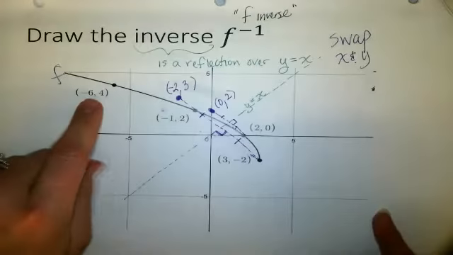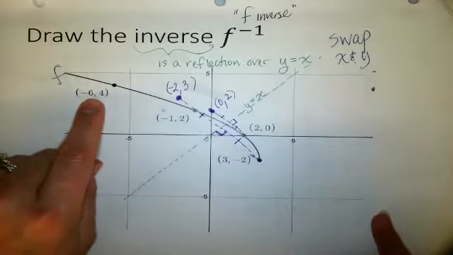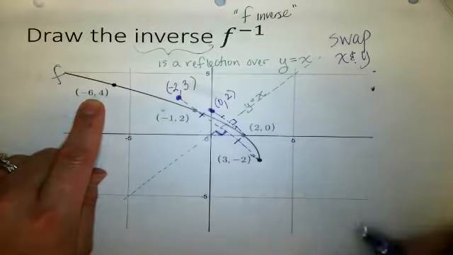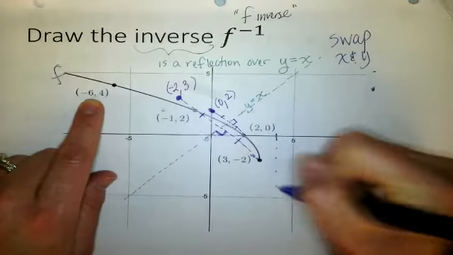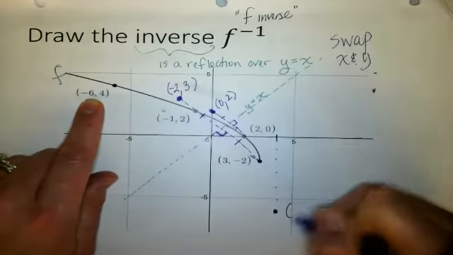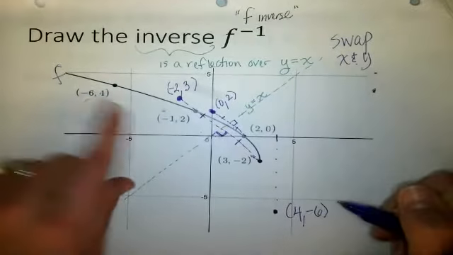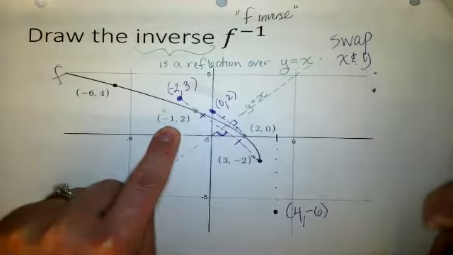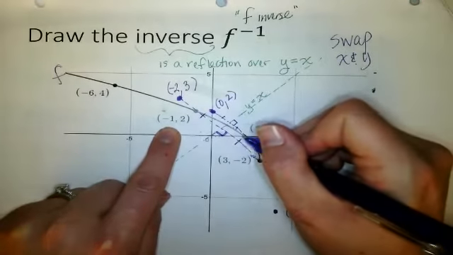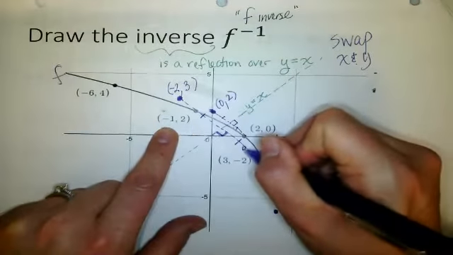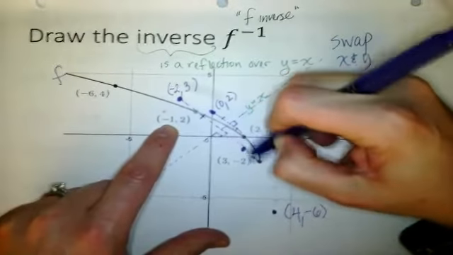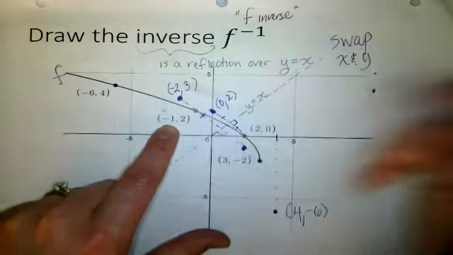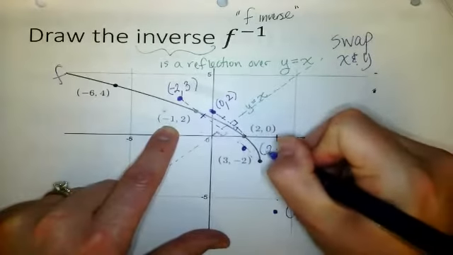So negative 6, 4 would turn into 4, negative 6. Here's 4, 1, 2, 3, 4, 5, negative 6. And the point negative 1, 2 would turn into the point 2, negative 1, which is right here. My graph is now just really gross. So that becomes 2, negative 1.